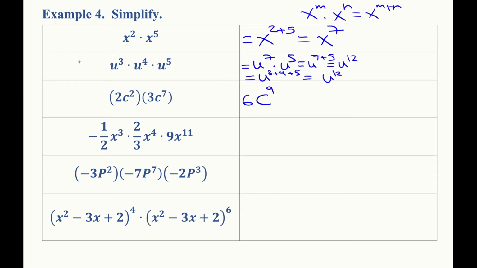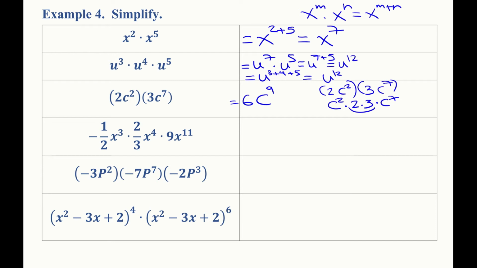Now the reason we can do this is, of course, the commutative and associative properties of multiplication, because what we're saying is that if we have 2c squared times 3c to the 7, we can go ahead and switch the order here and put c squared times 2 times 3, like that, times c to the 7.